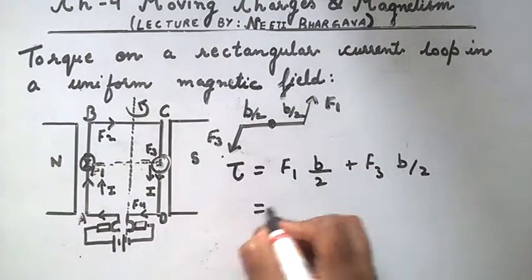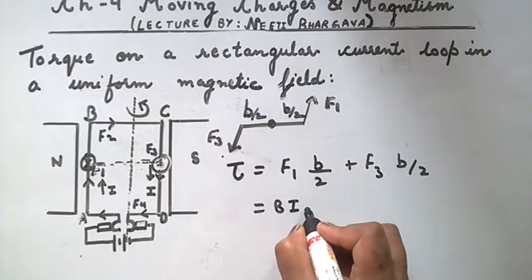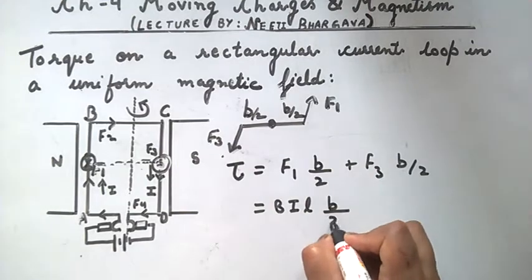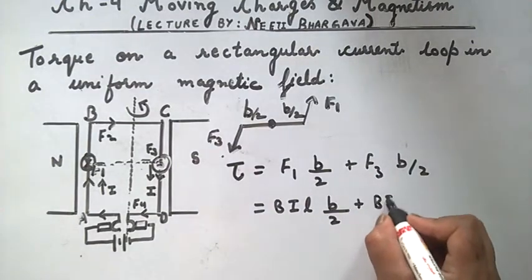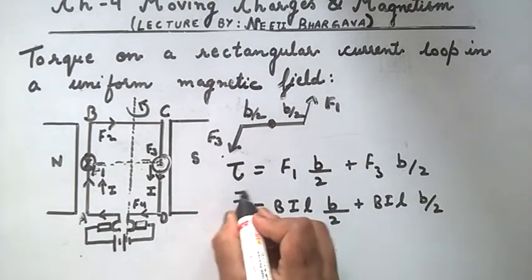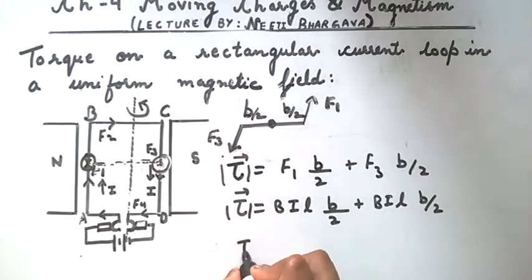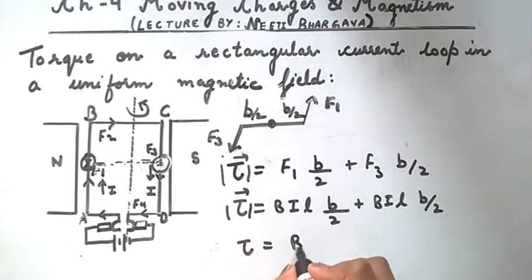The magnitude of F1 is BIL, so BIL times b by 2 plus BIL times b by 2, and the magnitude is equal to BIL times b.